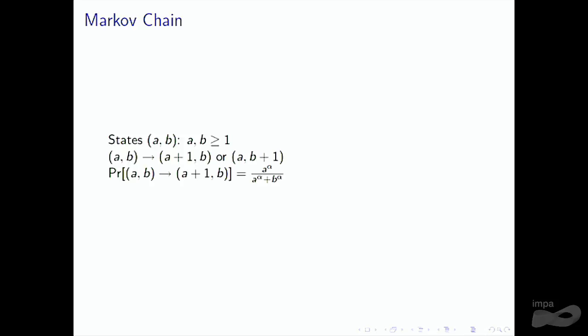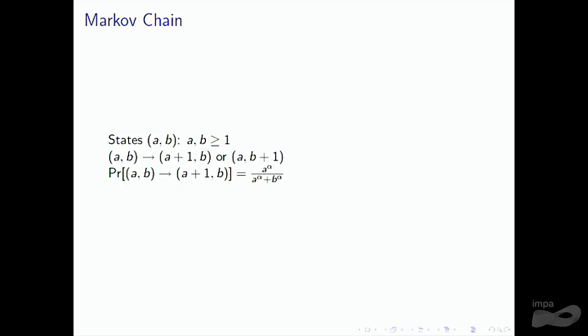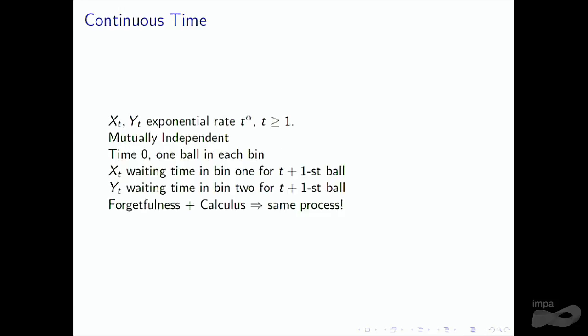That's what I put over there. The state AB means you have A balls in the first bin and B balls in the second bin. And then you go from AB to A plus 1, B with those probabilities. So those are exactly the same. And it's helpful to be able to go backwards and forwards.